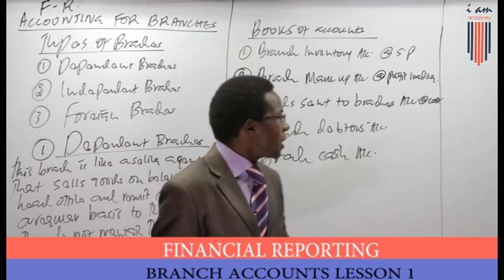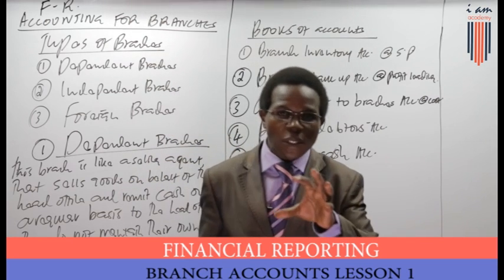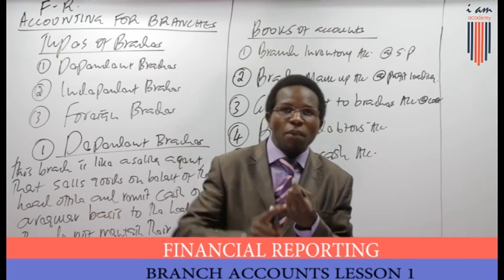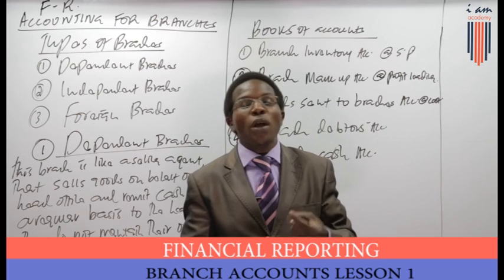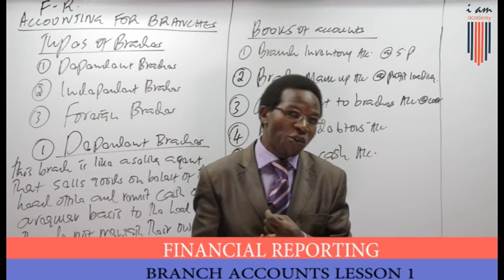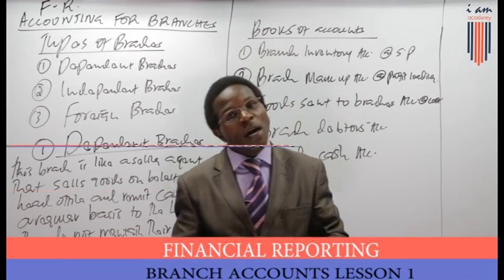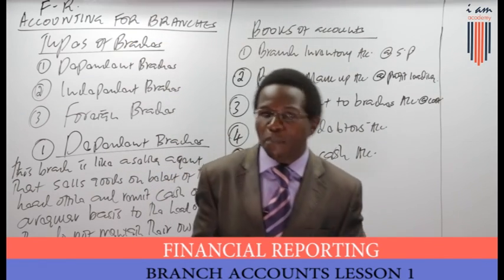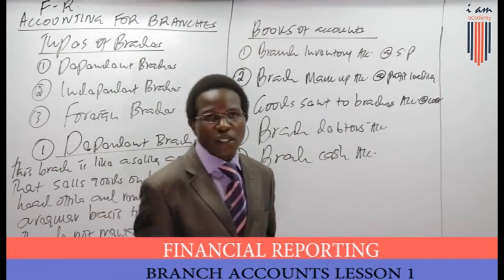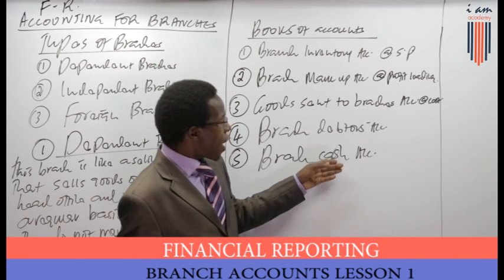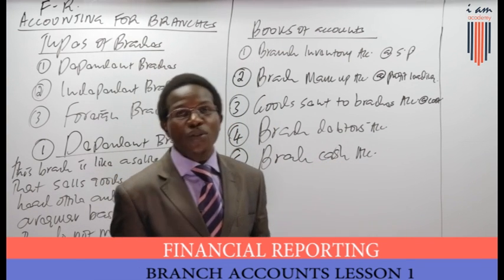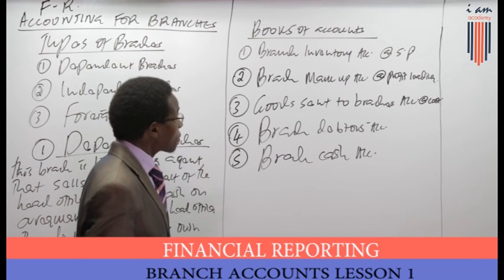We are going to credit the branch cash account with the payments, either we have done remittances to the head office, we have made payments for expenses, or we have done other payments in respect of the branch transactions. In that case, we are going to recognize that through the branch cash account.